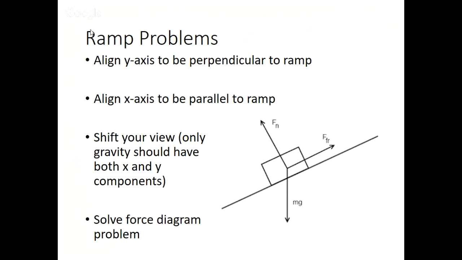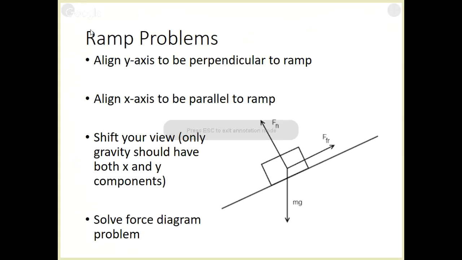Just a quick little heads up, since you're taking the time to look at this review. Take a look back at some of the ramp problems that we've done in the past. That's where I've aligned my y-axis to be perpendicular to the ramp, and my x-axis to be parallel to the ramp.